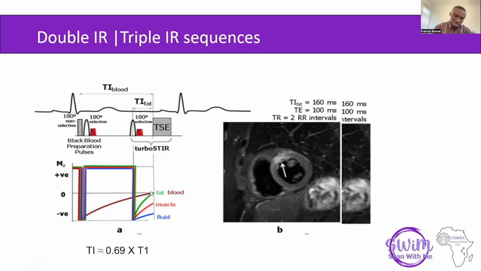So if you know your T1 of fat, you can easily calculate the inversion time for fat, at which point the longitudinal magnetization of fat will look dark. And the same thing applies to blood, muscles, and fluid. We'll move on.